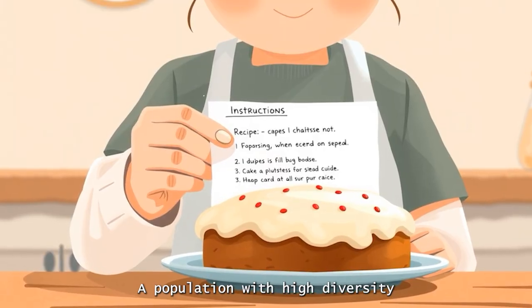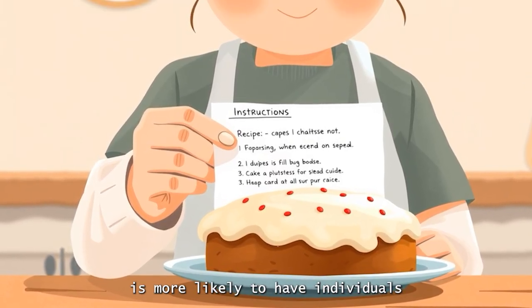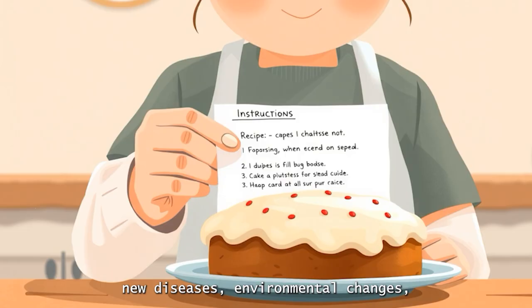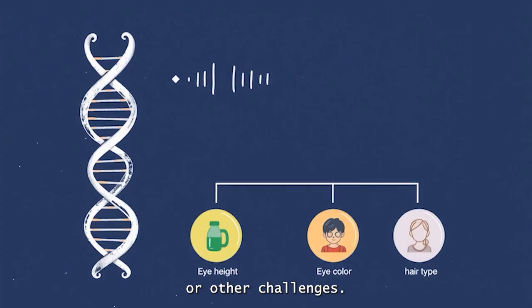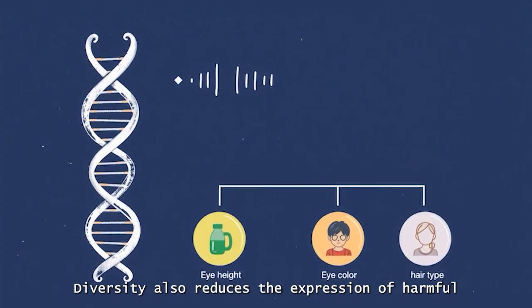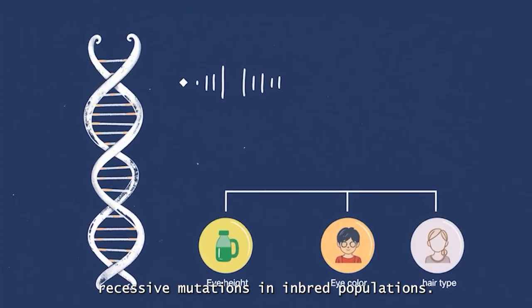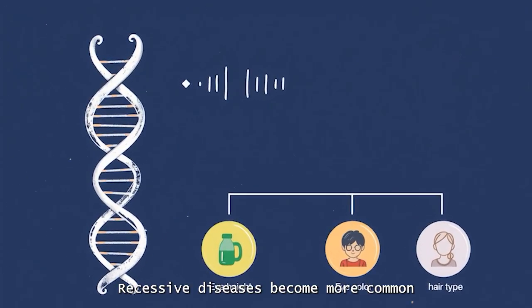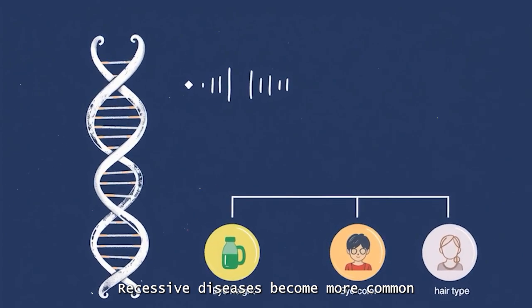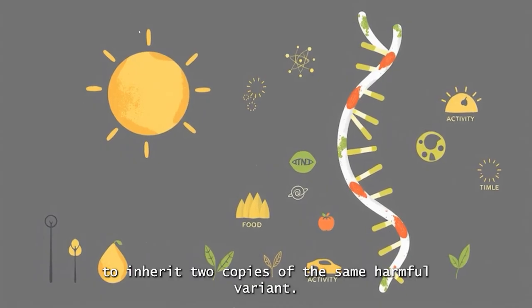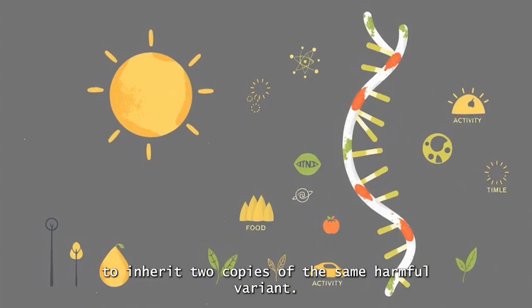A population with high diversity is more likely to have individuals who can survive new diseases, environmental changes, or other challenges. Diversity also reduces the expression of harmful recessive mutations. In inbred populations, recessive diseases become more common because individuals are more likely to inherit two copies of the same harmful variant.